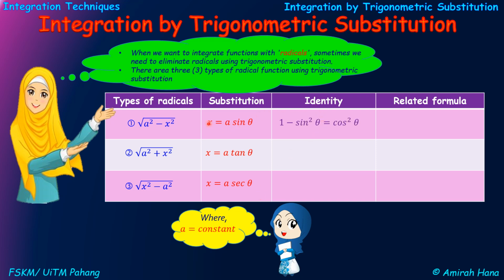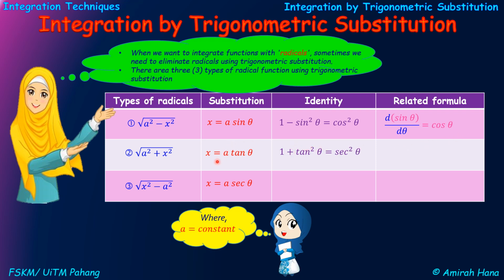When we use the substitution x equals a sin theta, we can use the identity 1 minus sin squared theta equals cos squared theta, and the derivative: d of sin theta equals cos theta d theta.